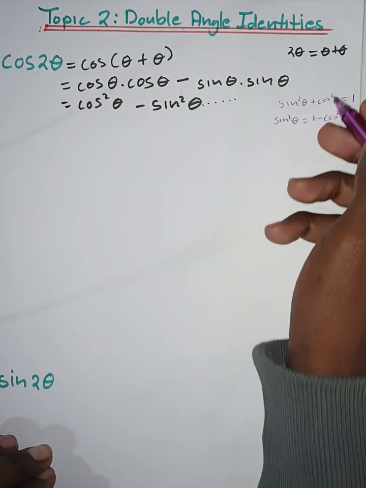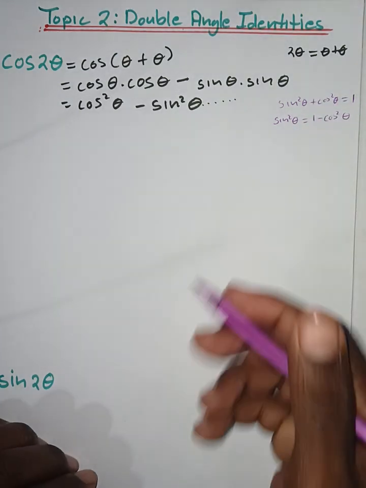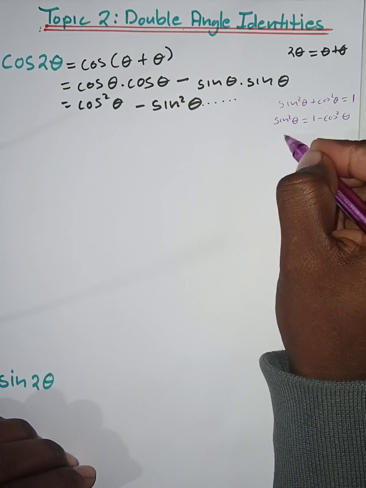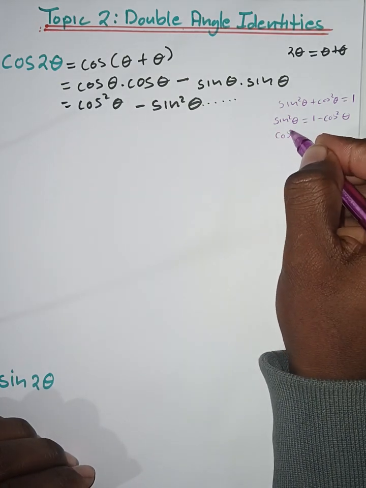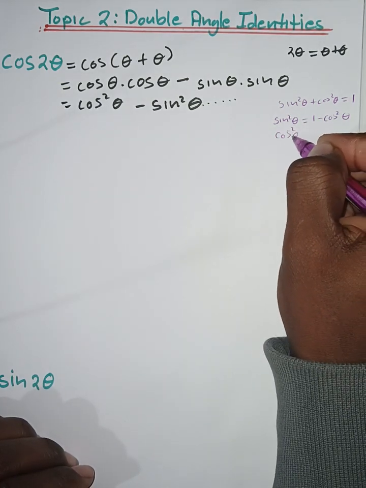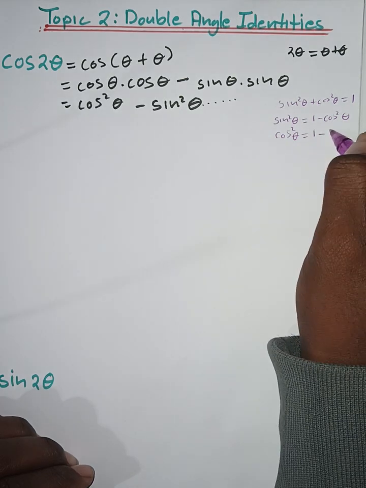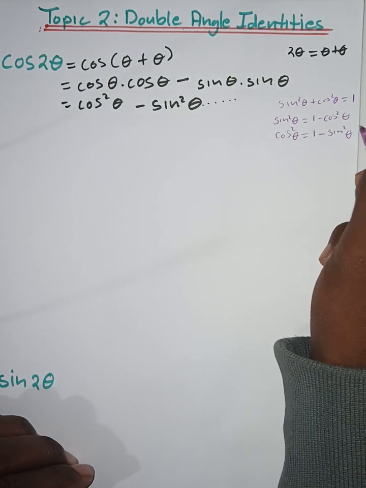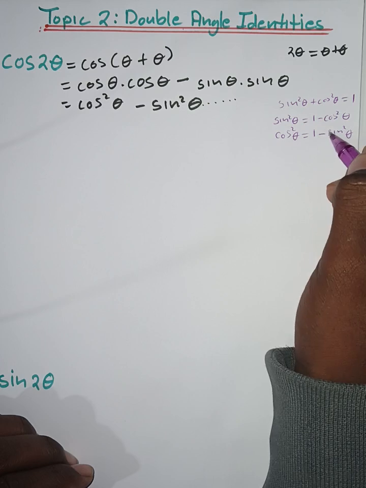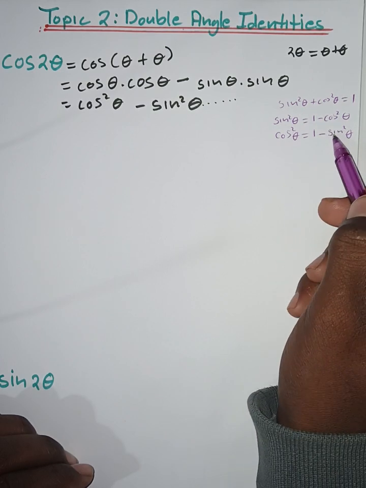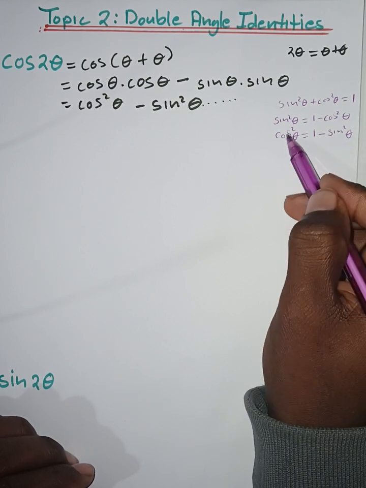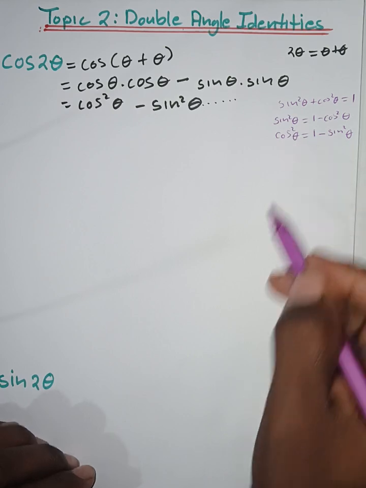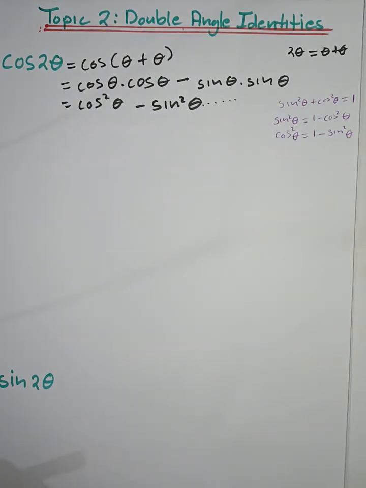And if I were to rewrite that in terms of cos, for the second time, cos squared of theta becomes 1 minus sine squared of theta. So that's the expression I get when I make cos squared the subject of the formula.